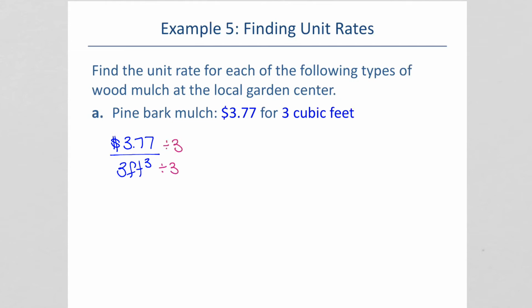That wouldn't make it equivalent. Okay, so we divide by 3 and we get $1.26 per 1 cubic foot. So this makes it easy to say that each cubic foot is $1.26.